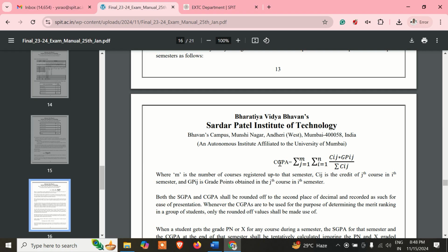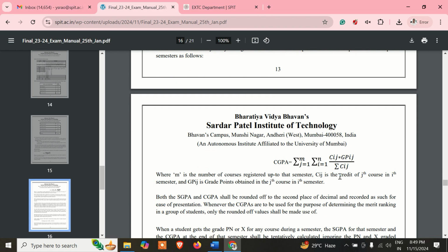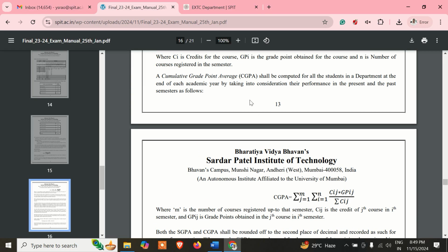However, the cumulative grade point average is computed every year, at the end of the year: the credits of the courses you have done multiplied by the pointers you have acquired, divided by the total number of credits of that particular year, will give you the year-wise CGPA. After the end of the final year, it is the sum of all 4 years.